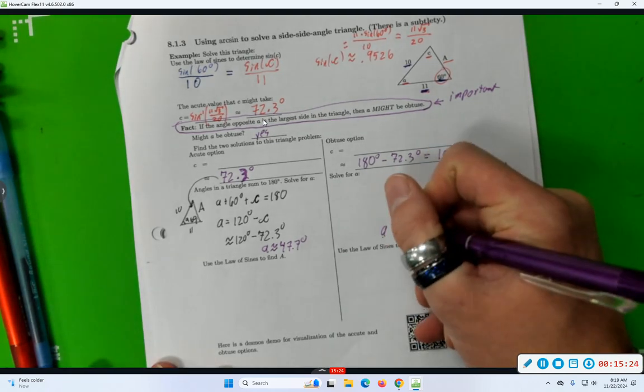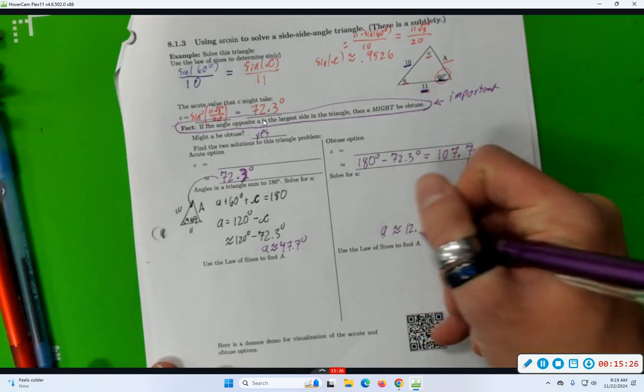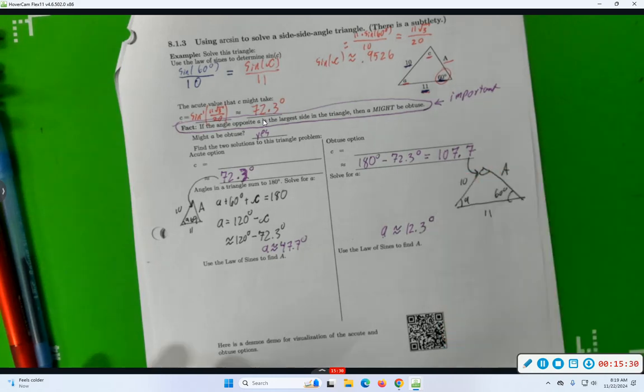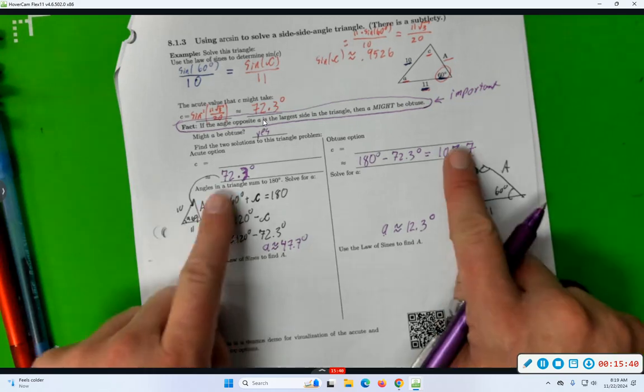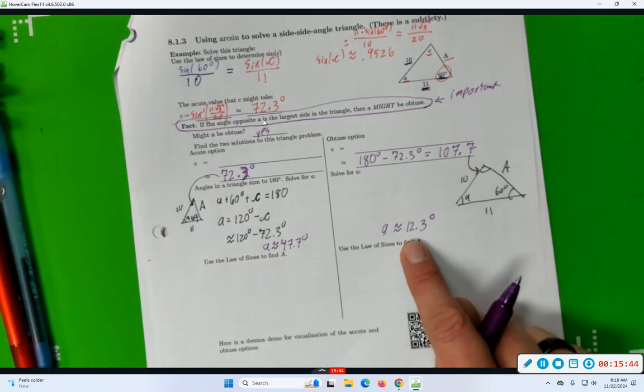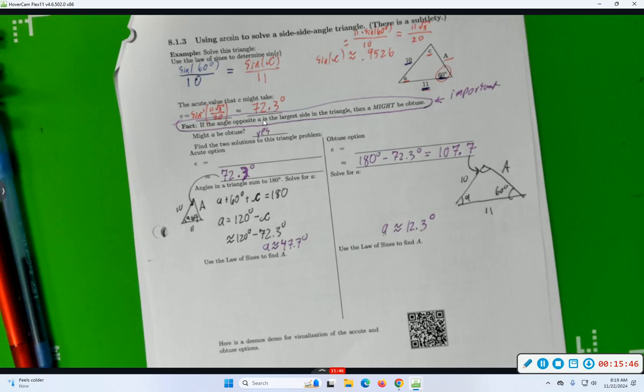So in this case, the angle A is about 12.3 degrees. Awesome. All right, so we have these two different triangles, an acute and an obtuse option. The resulting angle little a is different depending on which one that was.